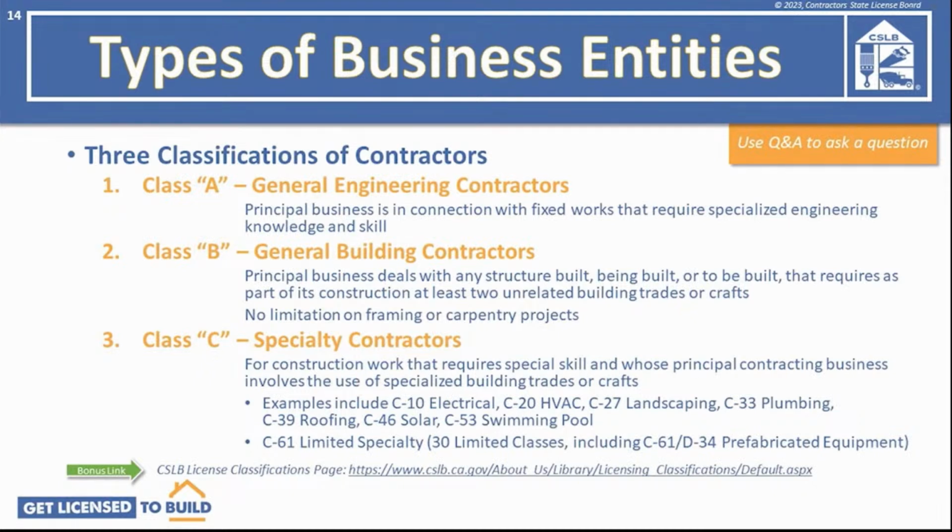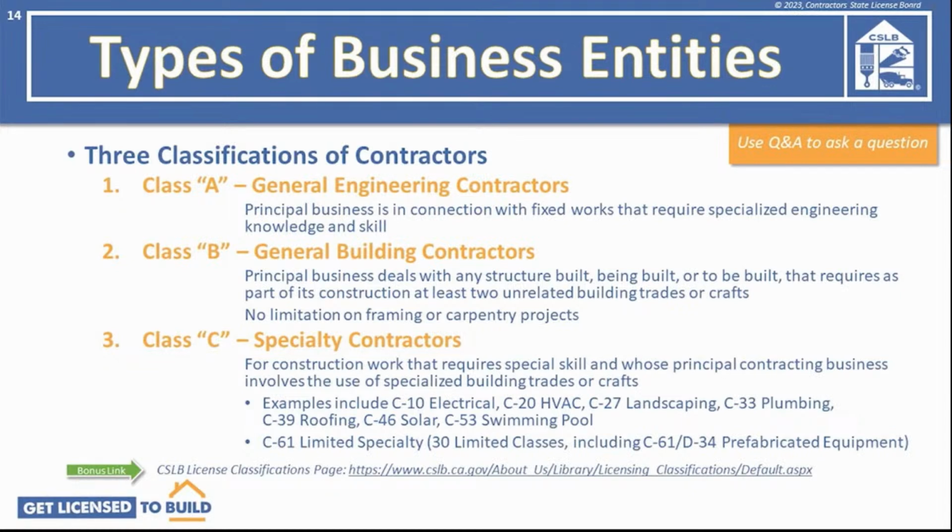The final class is C, or Specialty Contractors. These licenses are for construction work that requires special skill and whose principal contracting business involves the use of specialized building trades or crafts. Examples from this class include C10 Electrical Contractors, C20 HVAC Contractors, C27 Landscaping Contractors, C36 plumbing contractors, C39 roofing contractors, C46 solar contractors, and C53 swimming pool contractors, just to name a few.